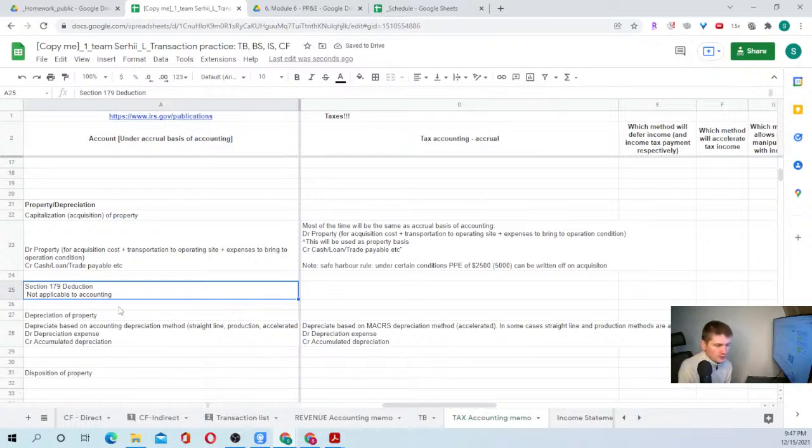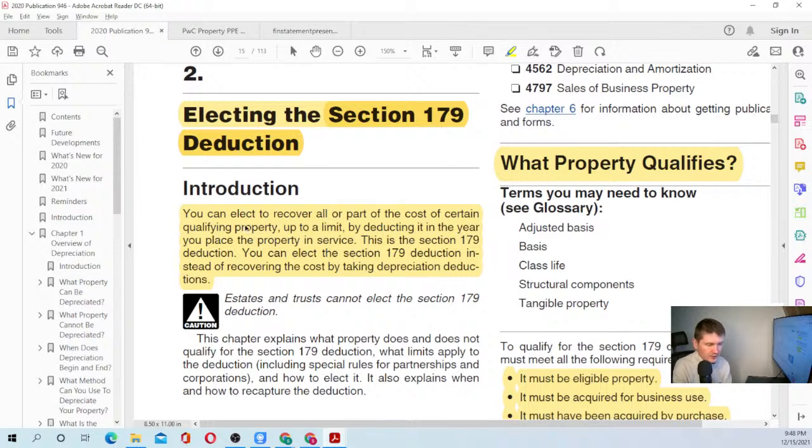So in addition to depreciation, to tax depreciation, tax code gives you a couple of more options to accelerate your depreciation even more compared to accelerated depreciation method. Basically, these methods allow you to write off some of your property in the first year, in the year when you acquired it.